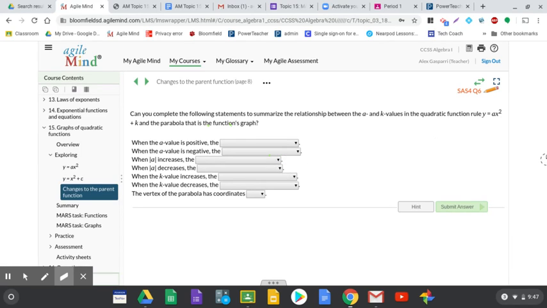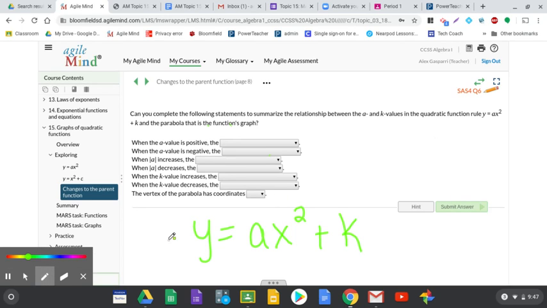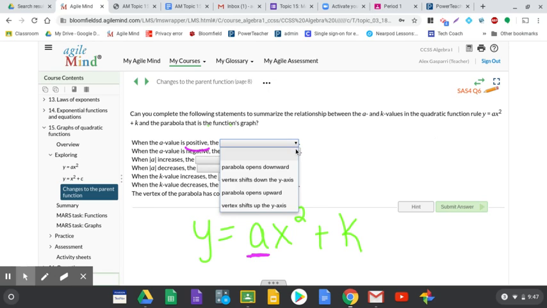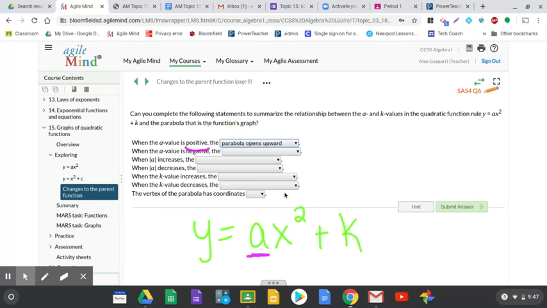All right. So if we're thinking about y equals ax squared plus k, let's talk about a first. So when this value is positive, our parabola is going to open upward, right?